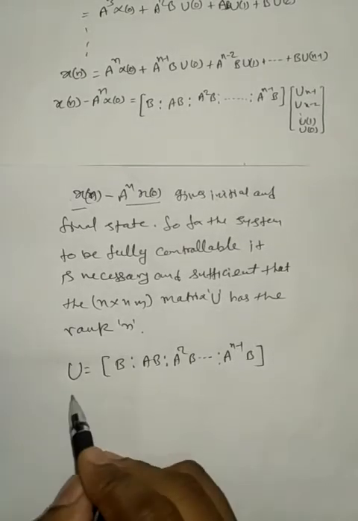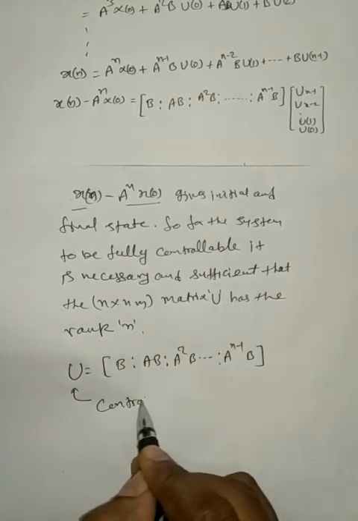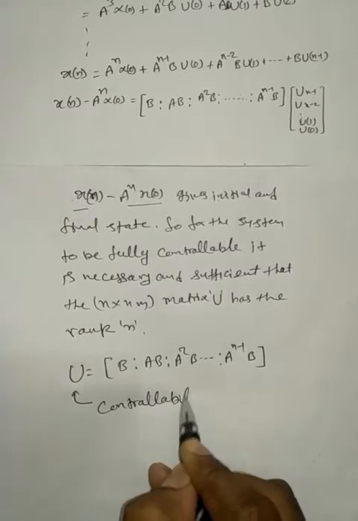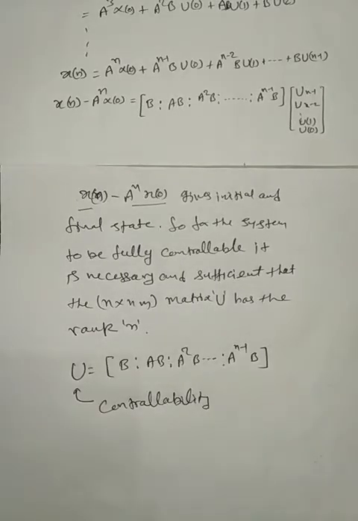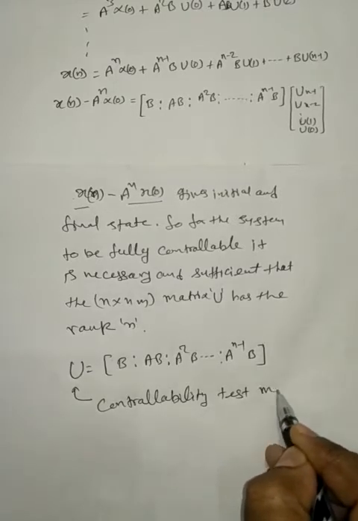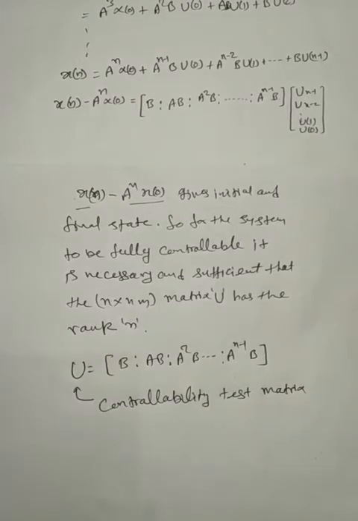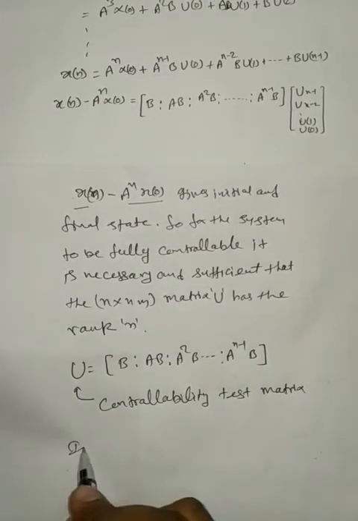And this U matrix is called the controllability test matrix.